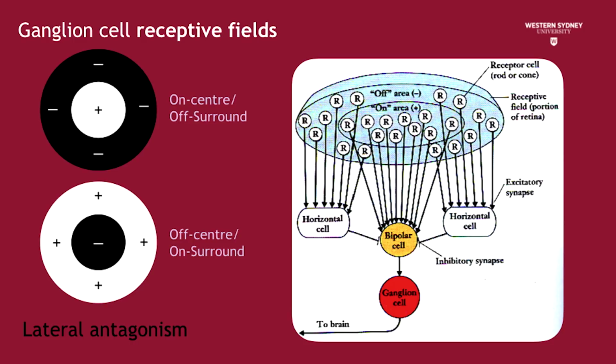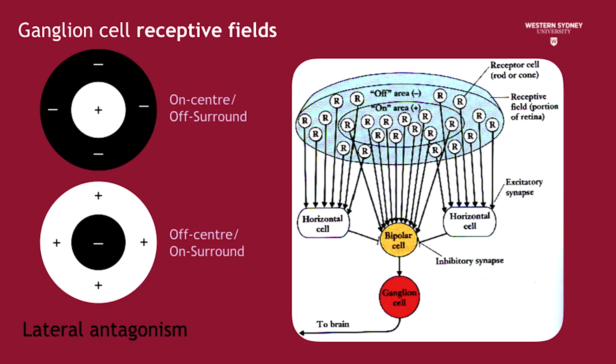Now, if this bipolar cell is stimulated, it will drive the ganglion cell. Importantly, however, the horizontal cells send inhibitory input into the bipolar cell. If inhibited, the bipolar cell will not fire, and nor will the ganglion cell.